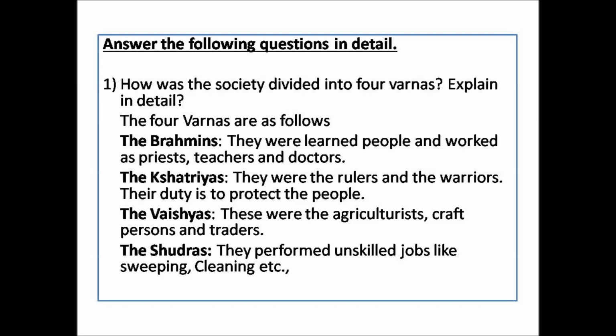The Vaishyas were the agriculturists, craftsperson and traders. Traders means the people who do business. And the last one is the Shudras. The Shudras performed unskilled jobs like sweeping, cleaning, etc. So therefore, during the Vedic period, the society was divided into 4 groups based on these 4 varnas.